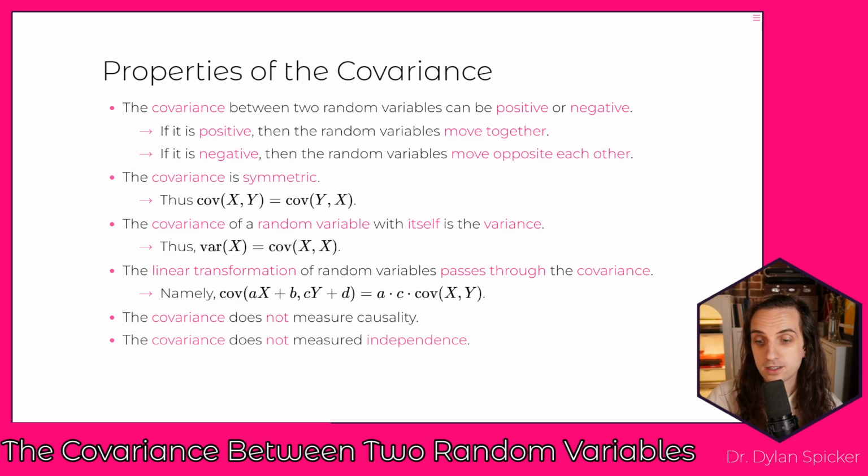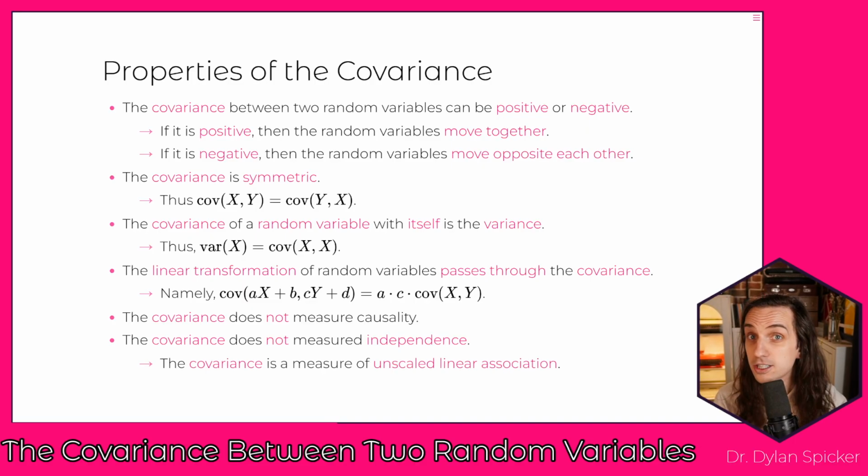Another critical point is that covariance does not measure independence. If you have a covariance of 0, that does not mean that the two variables are independent. And the reason for this is because covariance is a measure of the linear association. So we're basically asking, is there a straight line that we can draw that predicts one variable from another? Can we say that as one increases, the other one increases by some linear factor, so if you increase the one even more, it will increase the other one even more?